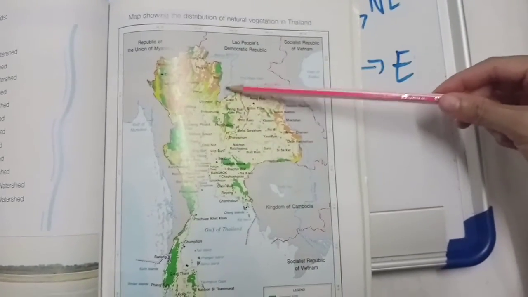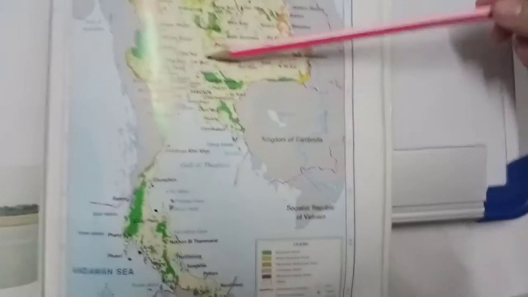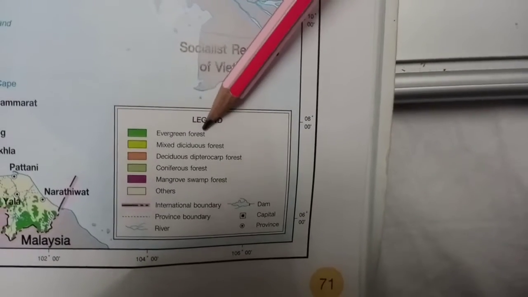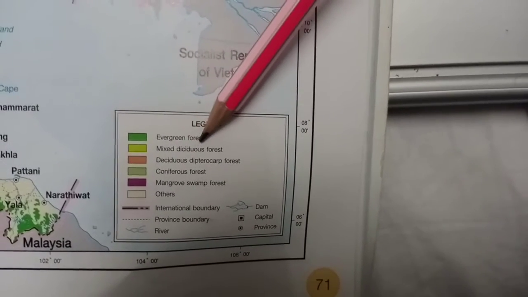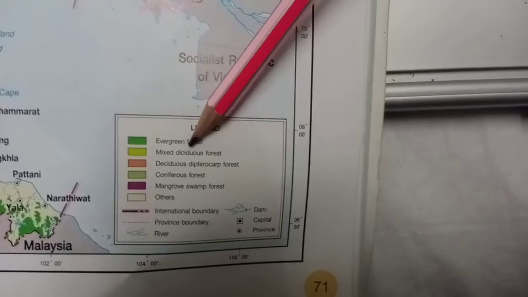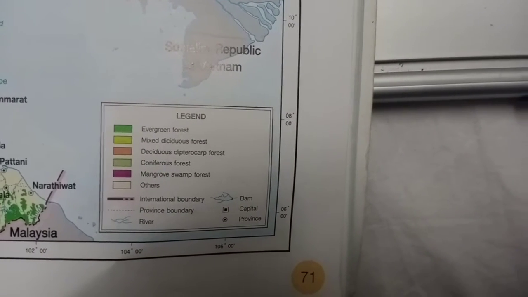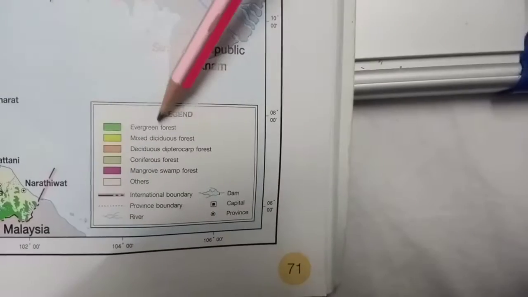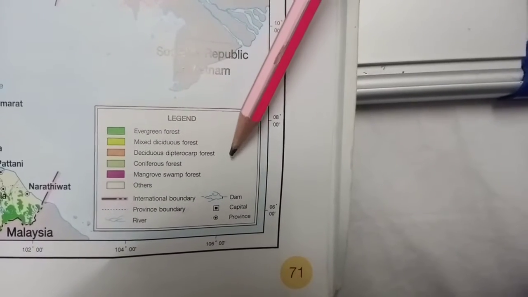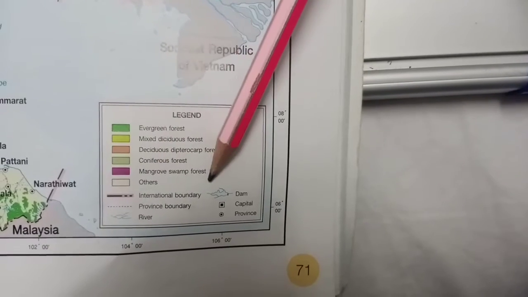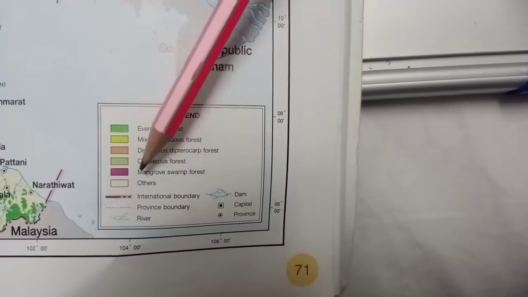Here, we need to look at the evergreen forest and mixed deciduous forest. When you say deciduous forest, those are places where there are a lot of trees. And deciduous dipterocarp forest, coniferous forest, mangrove swamp forest, and others.